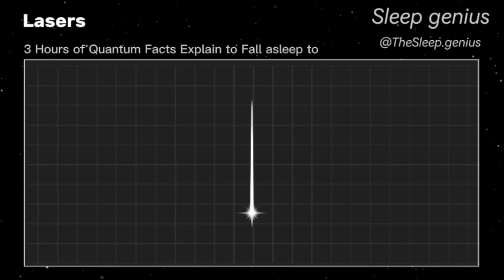The process by which a laser works is rooted in the interaction between photons and atoms. When atoms are excited to higher energy states, they can release energy in the form of photons. If a photon of a specific wavelength passes near an excited atom, it can stimulate the emission of an identical photon, resulting in a cascading effect of coherent light.